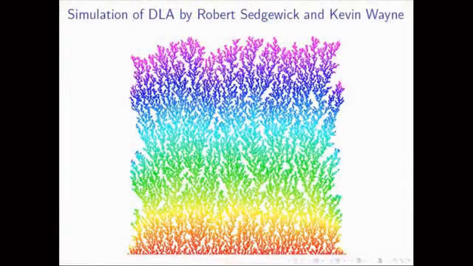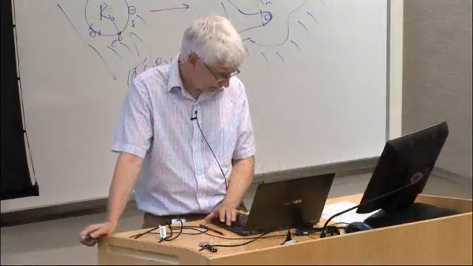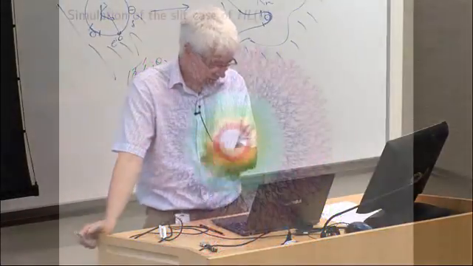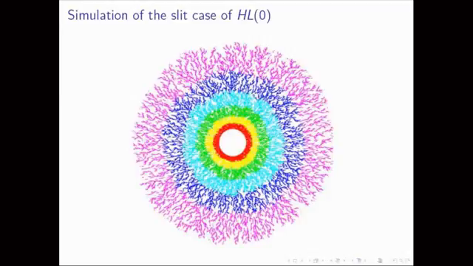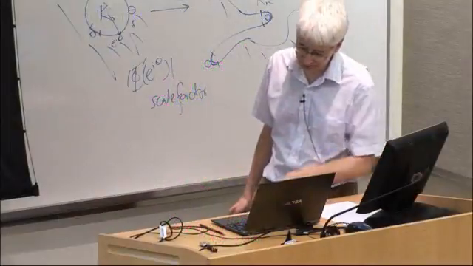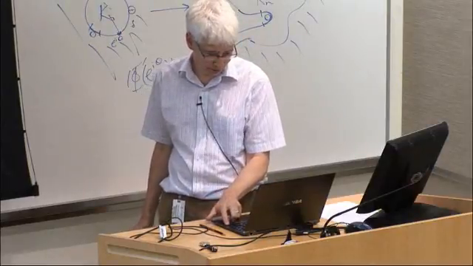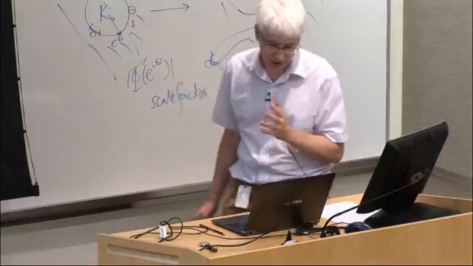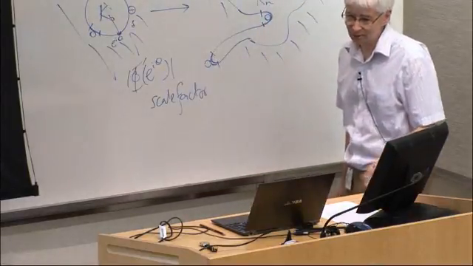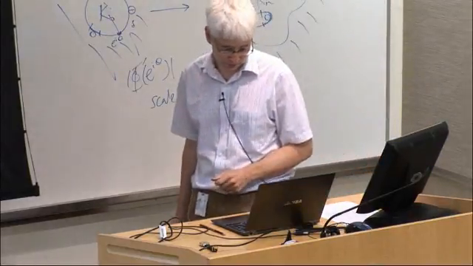The colours in these pictures encode times at which particles are added. And this is a simulation which Amanda did of our model, HL0. It's not too different to this simulation of DLA. Again, the colours are encoding different epochs at which one is adding particles.